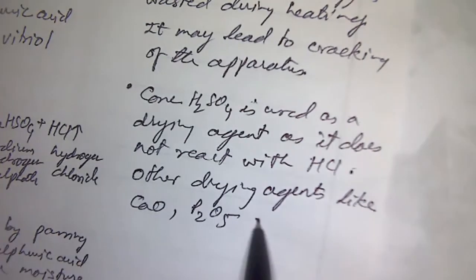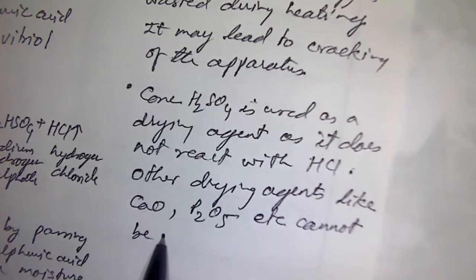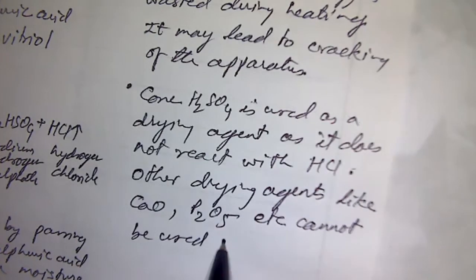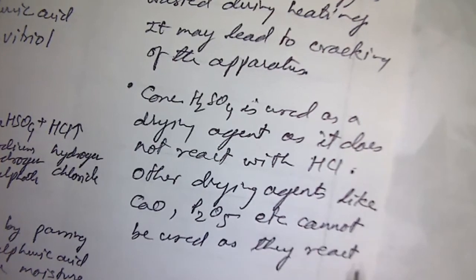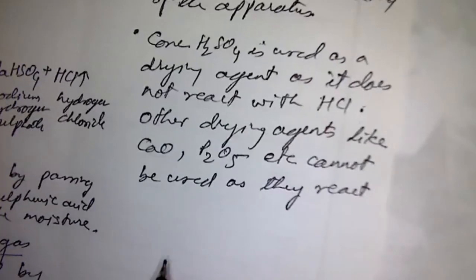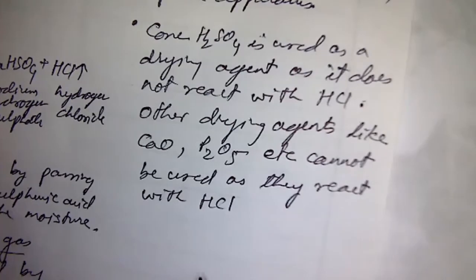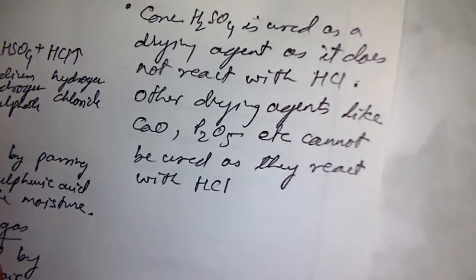This way there are many, etc., which cannot be used. So these things we cannot use. Clear? Why? As they react with HCl. And when they react with HCl, you won't get HCl, you'll get other compounds only, isn't it?